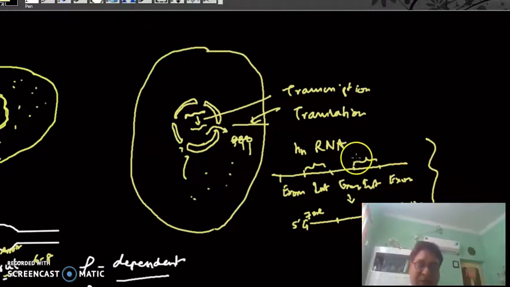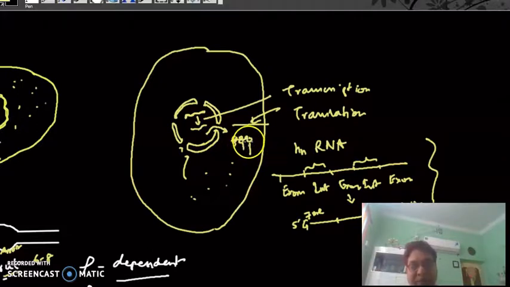Therefore, in eukaryotes, for this post-transcriptional modification to take place, this nuclear membrane is provided. Within the nucleus, post-transcriptional modifications like splicing and the end modifications occur. When the processed RNA is brought outside the nucleus, translation occurs.